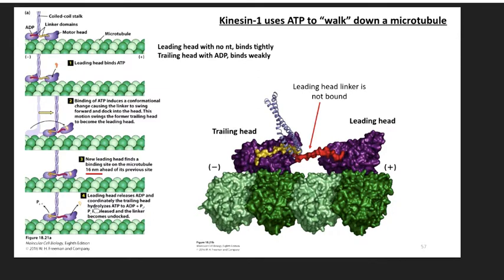What happens when the leading head releases the ADP? And here is the leading head. The leading head linker is not bound to the leading head. It's open. While the trailing head linker is bound to the trailing head. That is one important point.